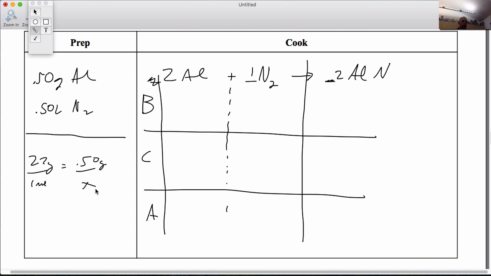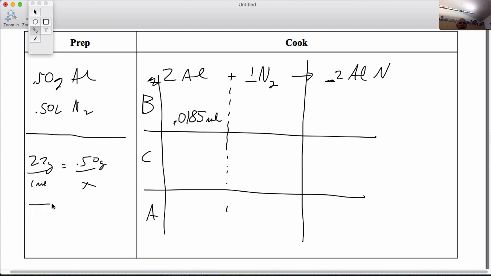So the first thing we're going to do is divide 0.5 divided by 27, and that's going to be equal to 0.0185. So that's going to be 0.0185 moles.